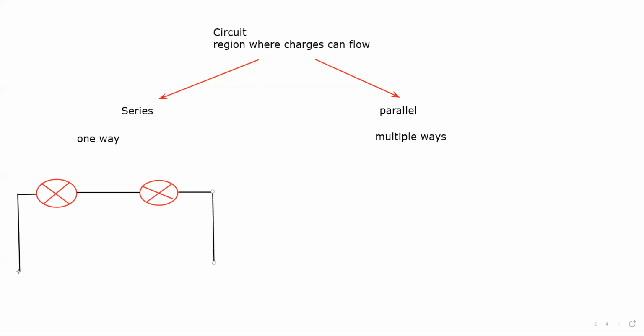And this is a symbol for the cell. One big line represents the positive terminal of the cell and the small line represents the negative terminal of the cell. The direction of the current is always from positive to negative.